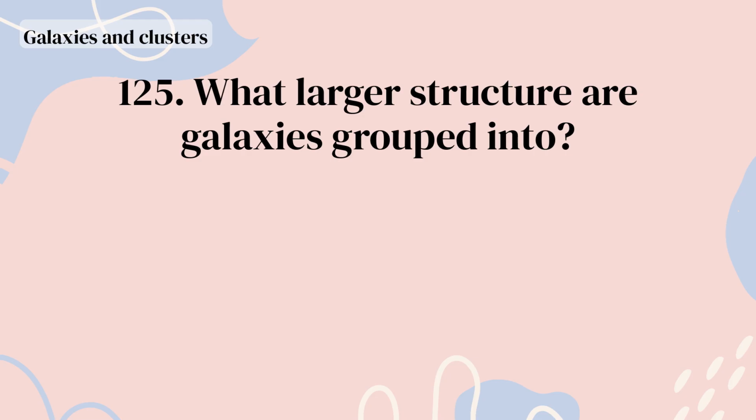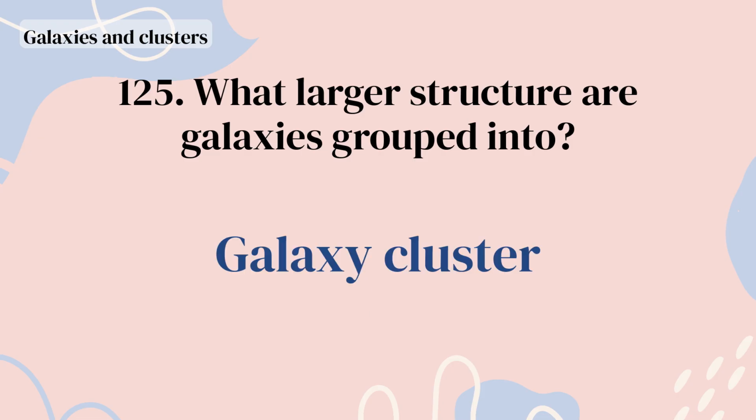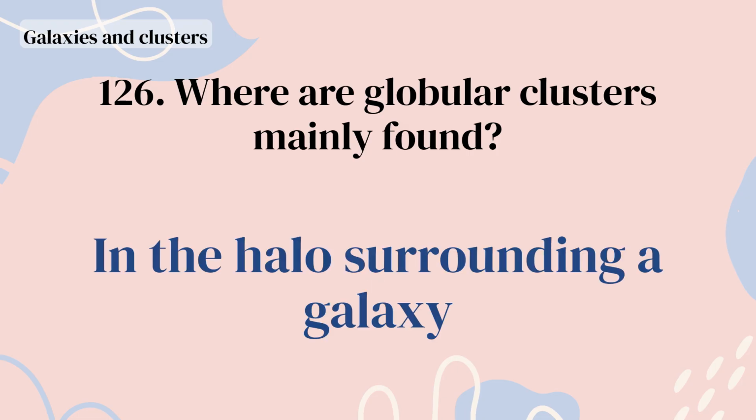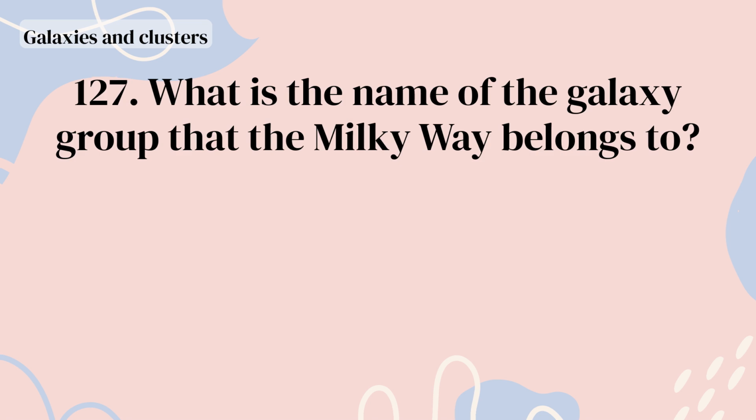What larger structure are galaxies grouped into? Galaxy cluster. Where are globular clusters mainly found? In the halo surrounding a galaxy. What is the name of the galaxy group that the Milky Way belongs to?